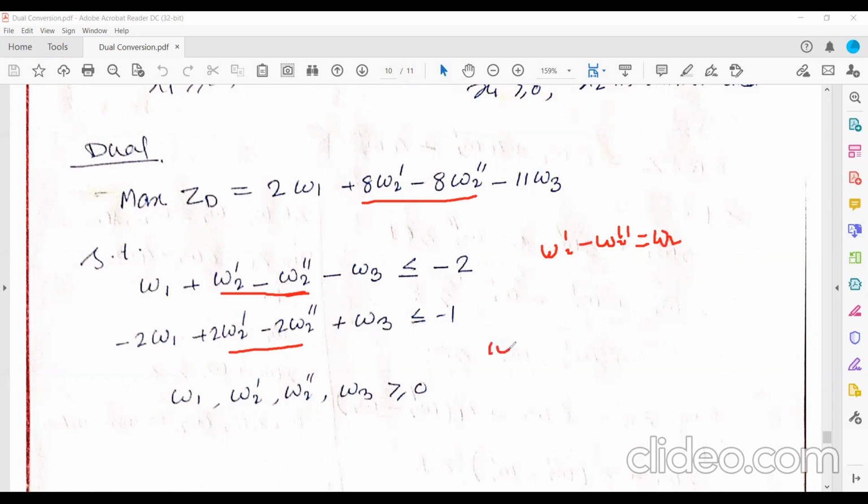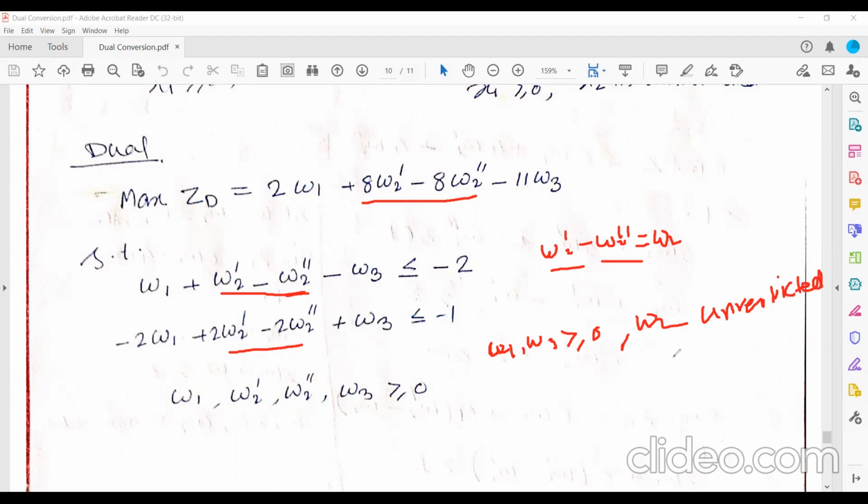So here w1 and w3 can be greater than or equal to 0. But this w2 is unrestricted, because both w2 dash and w2 double dash are positive, but their difference may not be positive. That's why w2 is unrestricted.